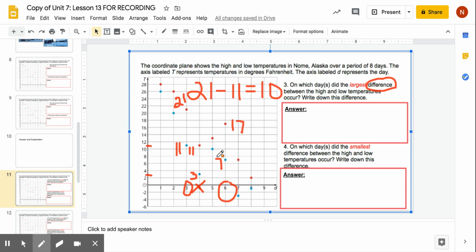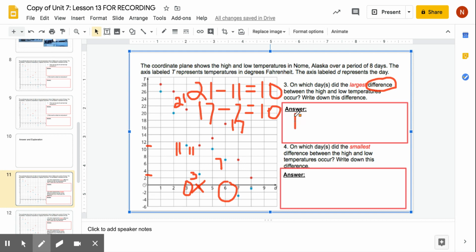So if I take 17 and subtract 7, I also get 10. So day 3 and day 6 both have the largest temperature difference.